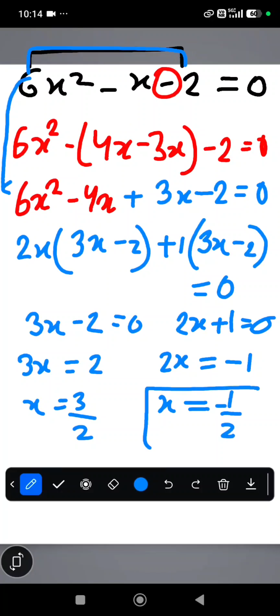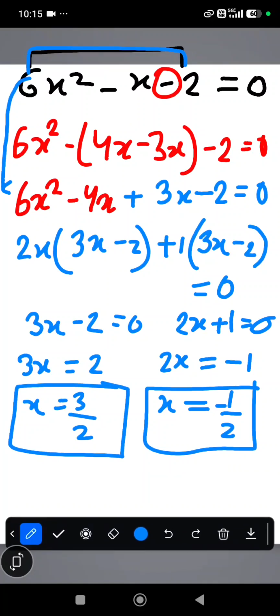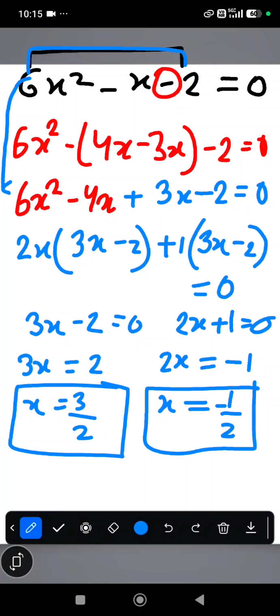A quadratic equation has two factors; a cubic has three. So x equals 3 by 2 and x equals negative 1 by 2 are the two factors of this equation.